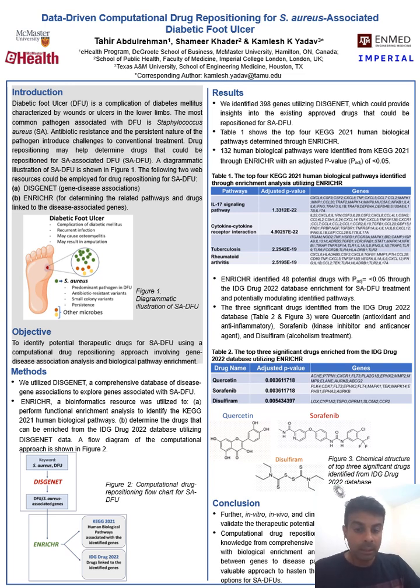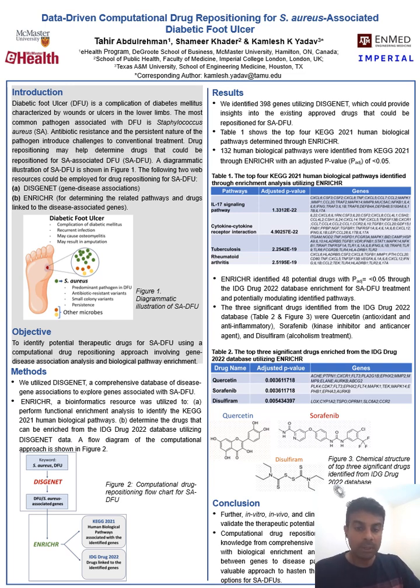and using Enrichr we conducted a functional enrichment analysis of the KEGG 2021 human biological pathways to identify human pathways that were associated or linked to these DisGeNET identified genes.